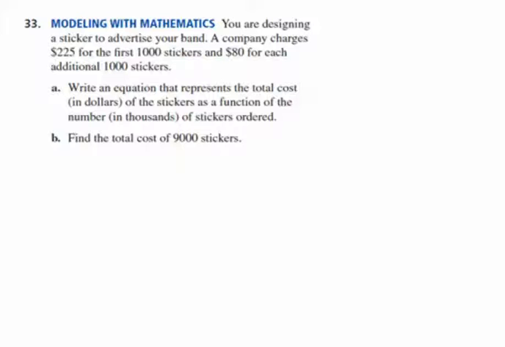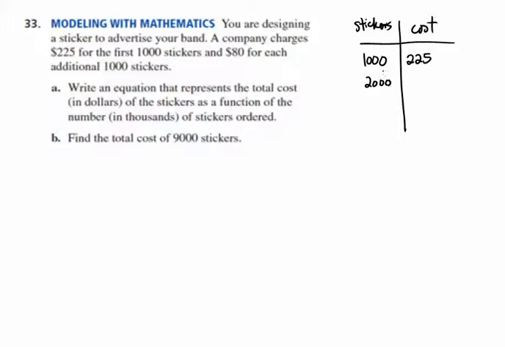So I'm going to suggest in this case that we start off by making a table of values, where one column represents the number of stickers we're going to buy and the second gives us the cost. Now we do know that for the first 1,000 stickers the cost is $225. If we wanted 2,000 stickers though, the cost would be $225 plus an additional 80, or $305.